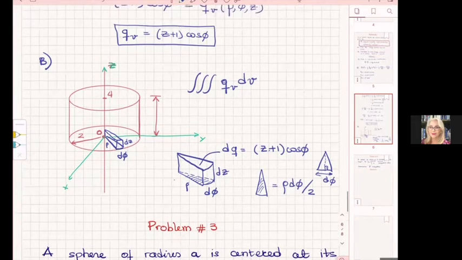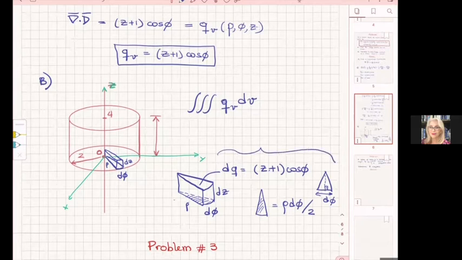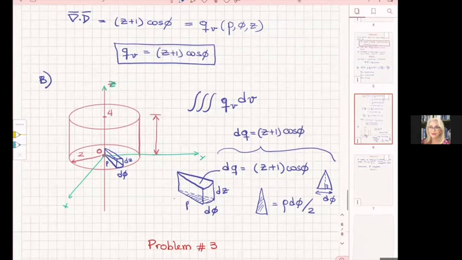So the charge in this infinitesimally small volume, the total charge in this dq, is going to be z plus 1 cosine phi times the volume of this small slice, which is going to be rho d phi divided by 2 times dz.